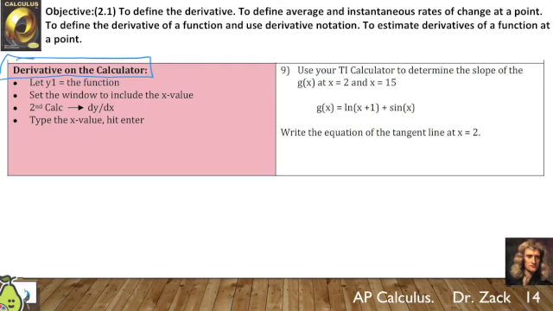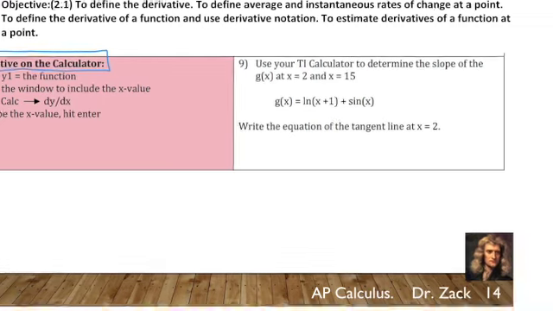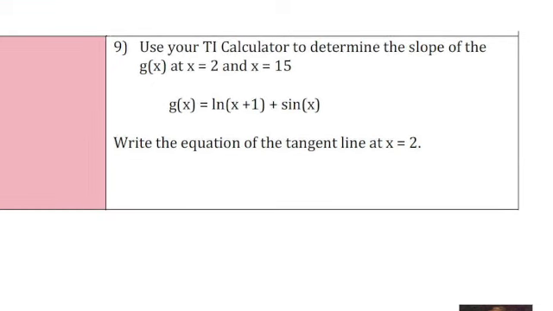So as you practice number 9, following your directions, you should have ended up with g prime at 2 equal to negative 0.083. You may have had trouble with g prime at 15 if you did not change your window to keep g at 15 within the window.